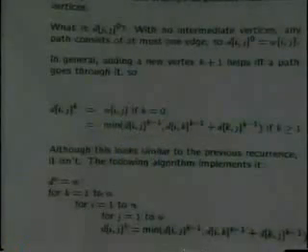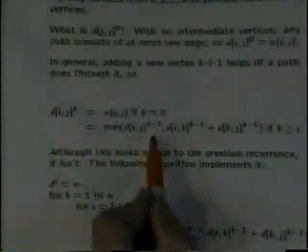Okay, so there are two possibilities. Either we don't use the kth vertex as the intermediary, or we do use the kth vertex as the intermediary. Is there any other possible option? No. So we want the shortest path from i to j either using k or not using k.